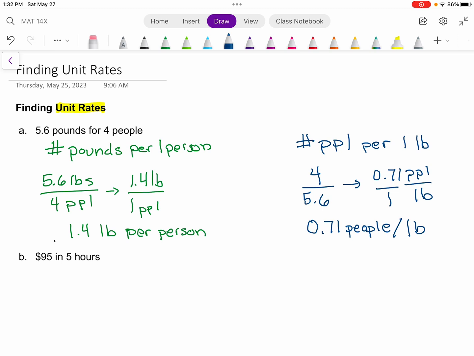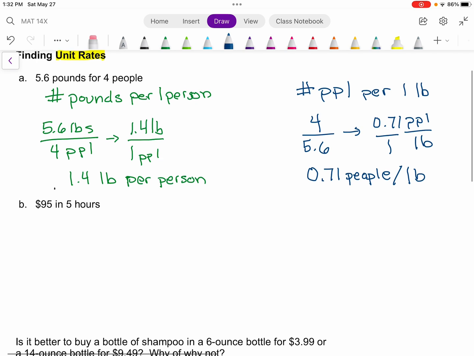So let's look at another example. This time we're going to be doing dollars and hours. So we have $95 in 5 hours. This would be like an earning money type of problem. The two options would be dollars per 1 hour, or hours, the amount of time it takes to earn $1.